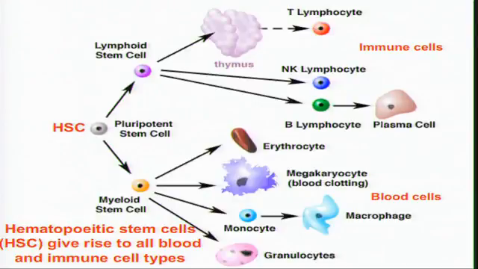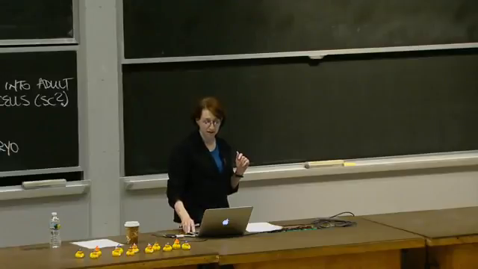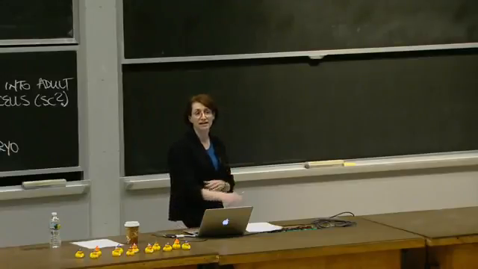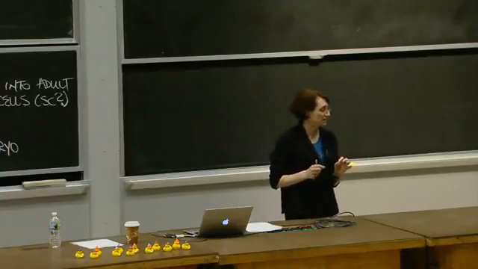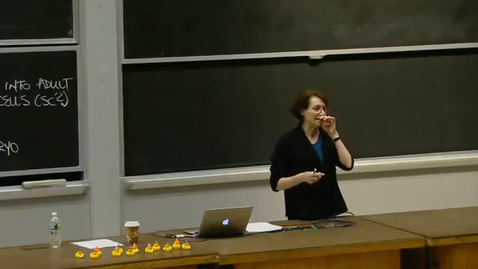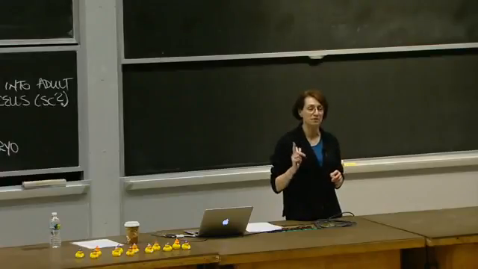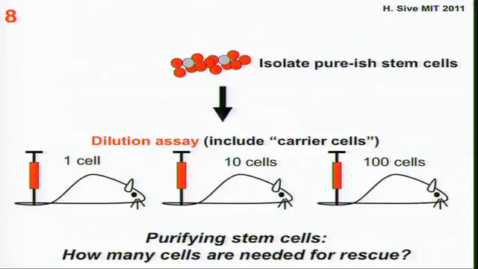And then the ability to actually make this diagram and say that there was a single cell that gave rise to all these different lineages was because of a titration assay where you could take these putative hematopoietic stem cells, which were difficult to isolate and still haven't been isolated in their purity, but you can titrate them down.